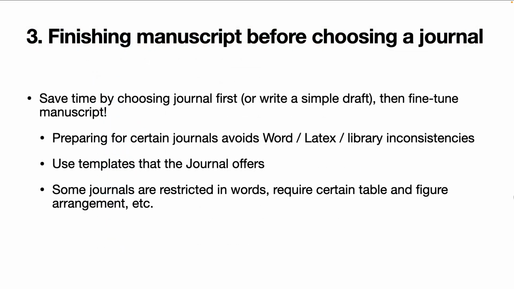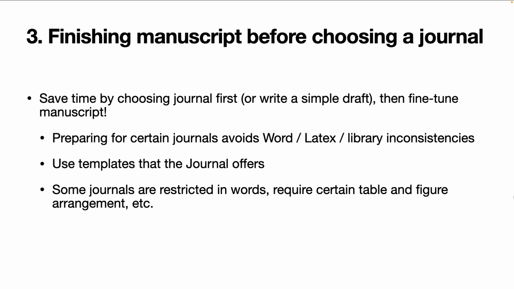Choosing a journal and sticking to the according template will save you time. You can, however, prepare some text or some rough bullet points and then adapt it inside the given template.